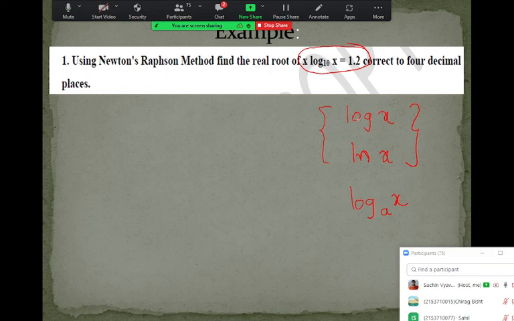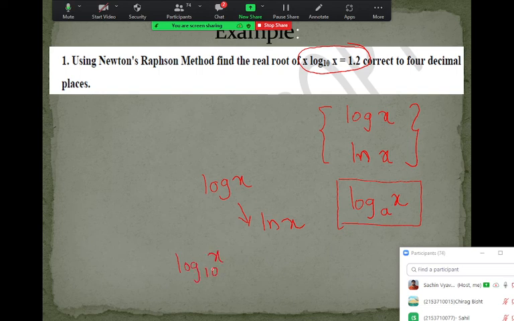Even though only log x is written, it is ln x only. Don't confuse, it is not base 10 there. So whenever anyone wants to specify the base, it is given in this form, like log x at the base a, like log x at the base 10.